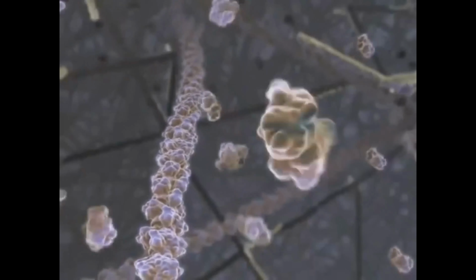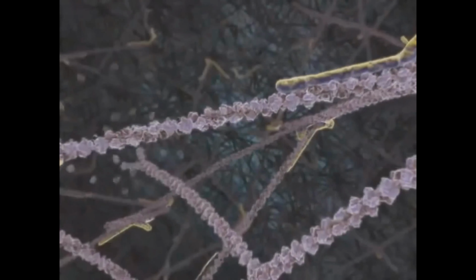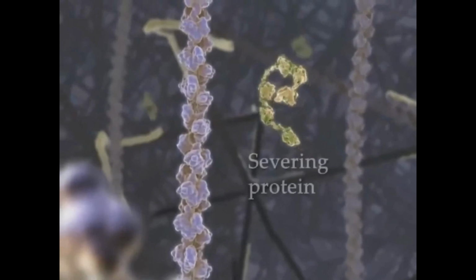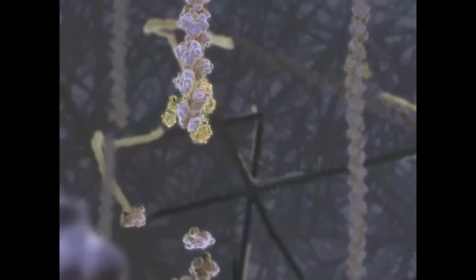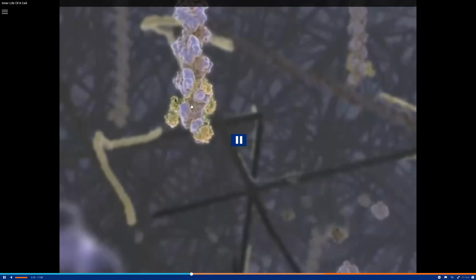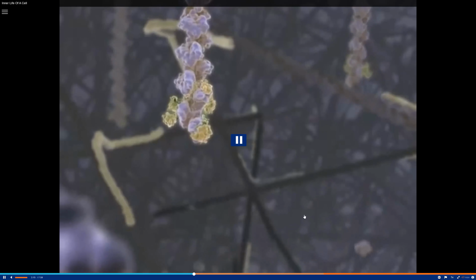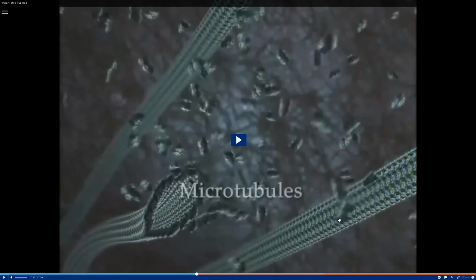Those are little pieces of actin flying to form the actin filament. Again, I love this video because it gives you an idea of how dynamic the inside of the cells actually are. Okay, so we saw an actin filament being made. There are also proteins, like we just saw that little guy called a severing protein. It comes up, it binds, and now the actin filament is being disassembled. And we're going to stop there.